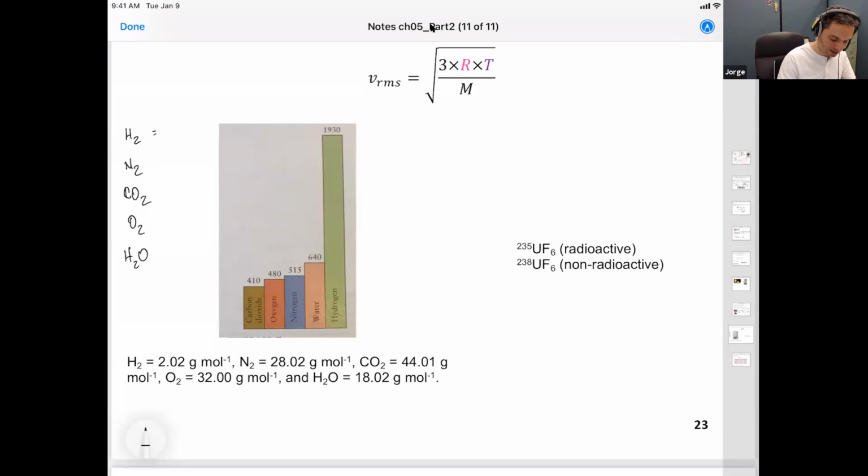The molecular mass for hydrogen is 2.02, nitrogen is 28.02, CO2 is 44.01, O2 is 32, and water is 18.02.